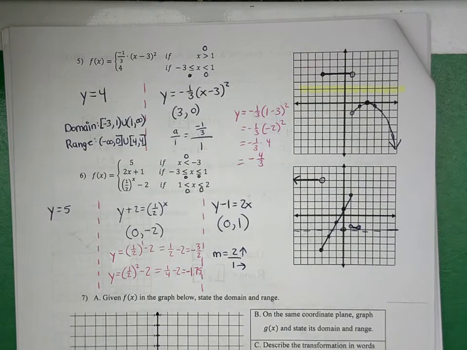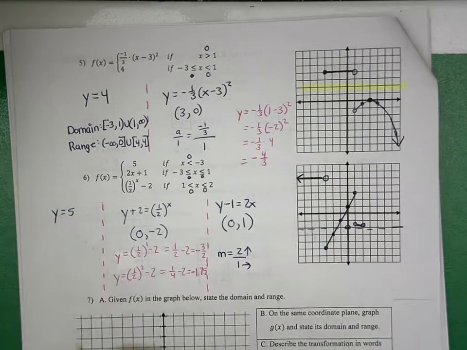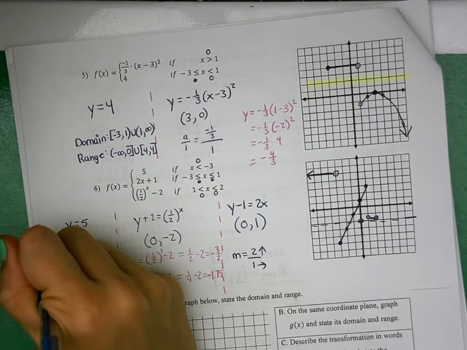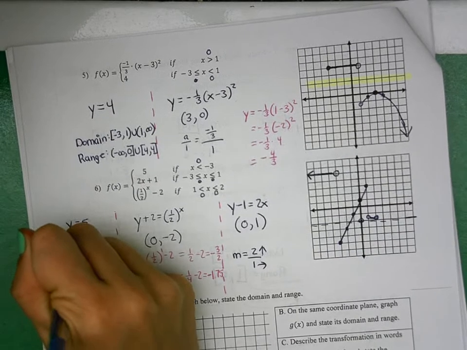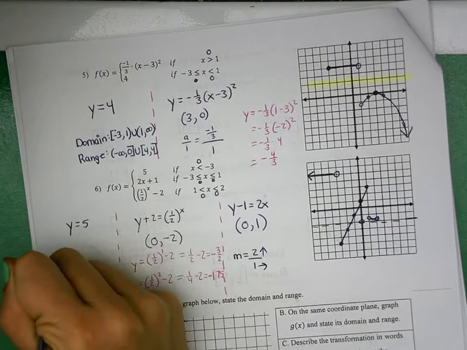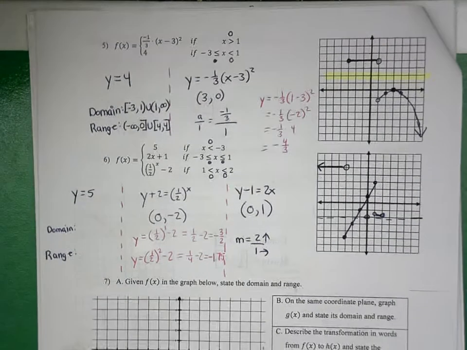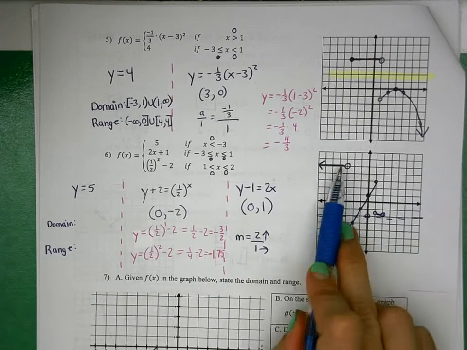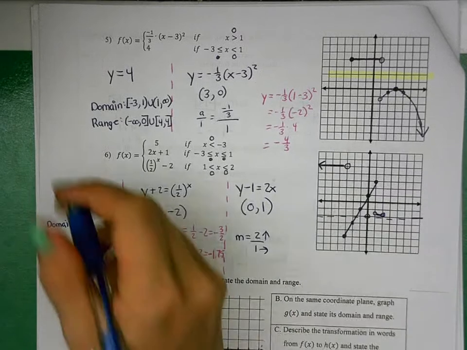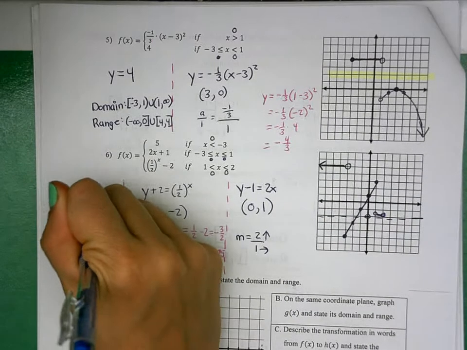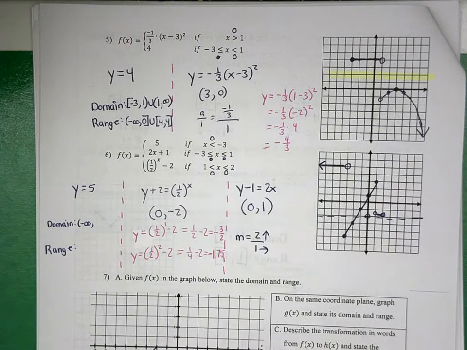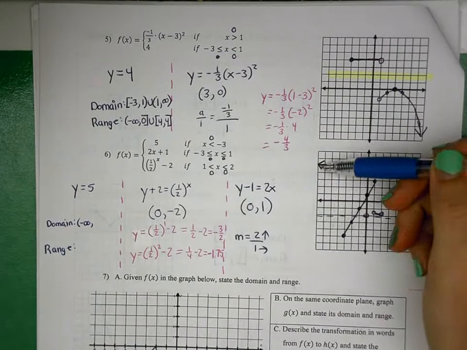Okay, domain and range. Domain for this one, what's the smallest x value I hit? Because of this arrow, I know I go infinitely left, so the smallest x value I hit is negative infinity. And then I work my way to the right, looking for issues.